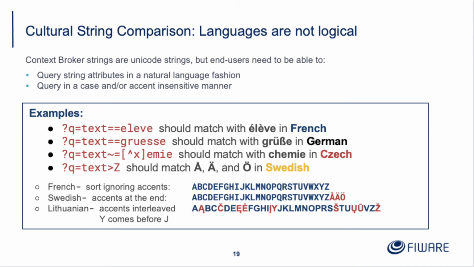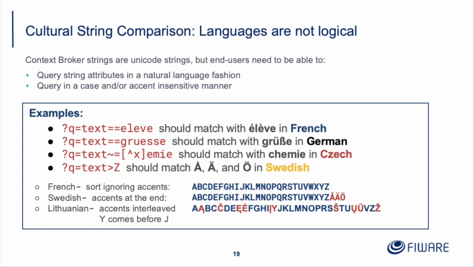So you might want to be able to match élève with the accents on it, or in German, then you've got the U with umlaut, should be a UE, and then Czech considers CH to be a single phoneme, a single letter, and then whether you order your accents at the end of the list, or something really weird like Lithuanian, where you have both the accents in the middle of the system and interleaved, and Y is in the wrong place, Y is before J. It's going to get complex.